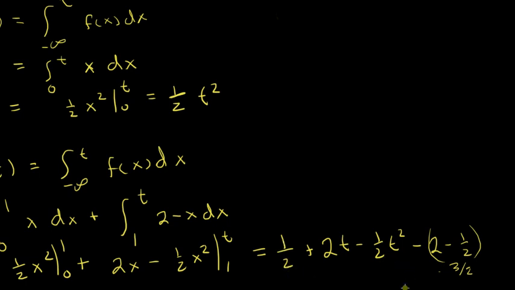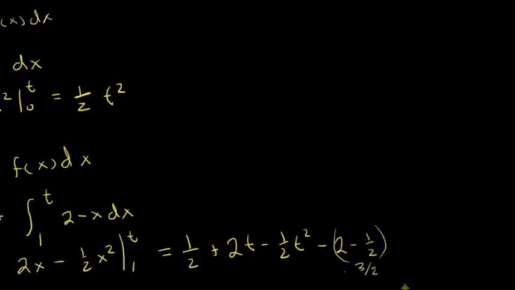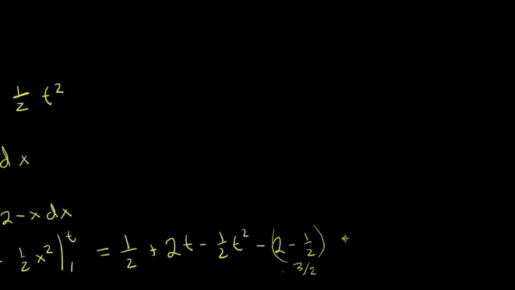Let me simplify this a little more. So this would be 2t minus 1/2 t squared minus 1, since -3/2 plus 1/2 is -1. Yep, okay. All right, that works.